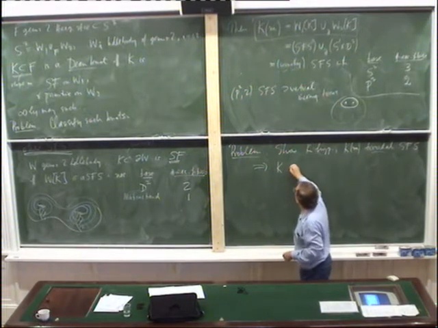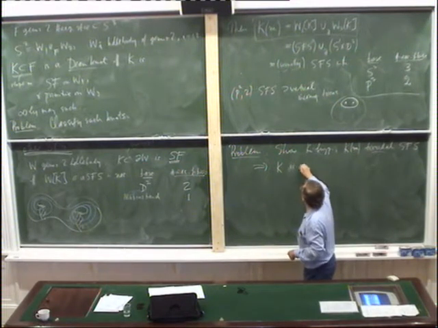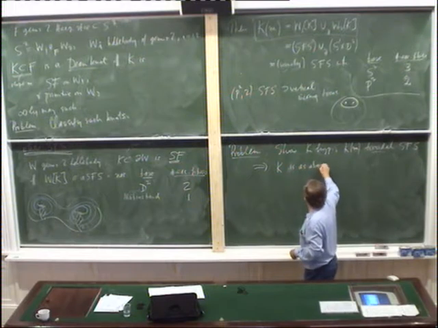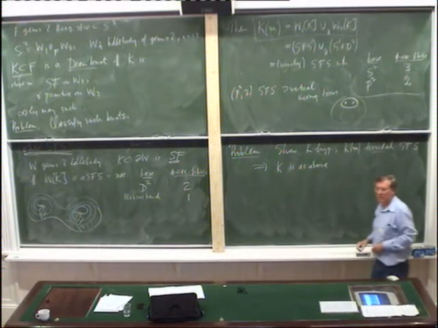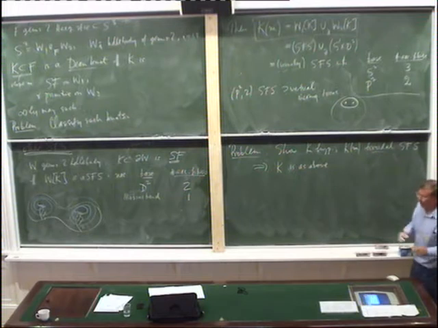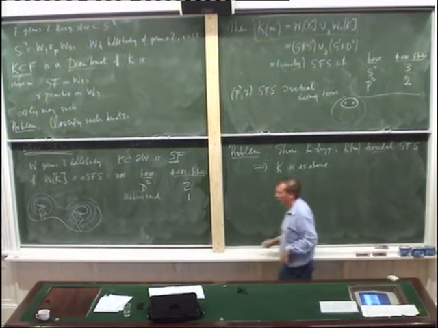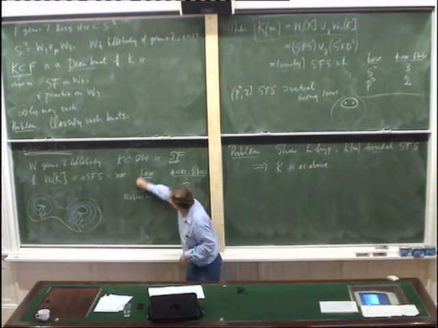K is as above, one of these Dehn knots. It's a relatively small subclass of all the Dehn knots.